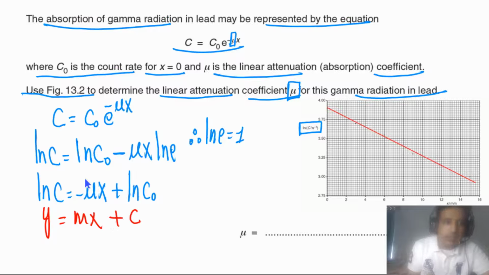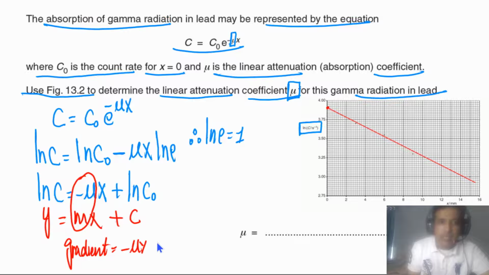In this case, the gradient is equal to negative mu, and the y-intercept is equal to ln C0, so you can find the value of ln C0 from here. So the gradient is equal to negative mu.